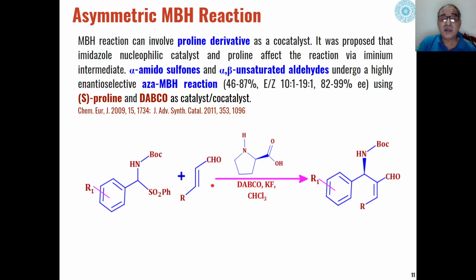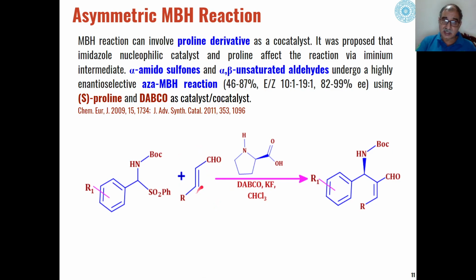Then another example of these types of reaction is when we use proline derivatives as co-catalyst in addition to the base. So DABCO will act as the base, and these will act as chiral catalyst or co-catalyst.